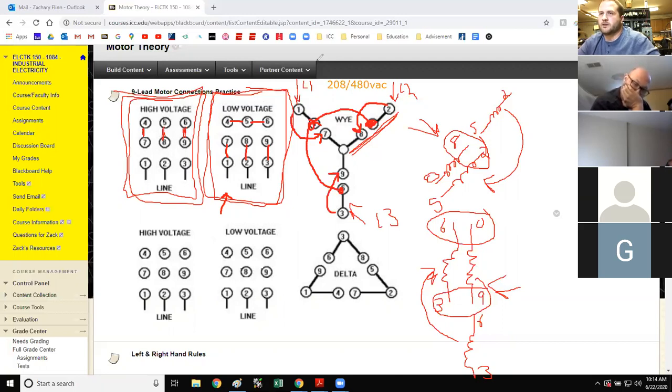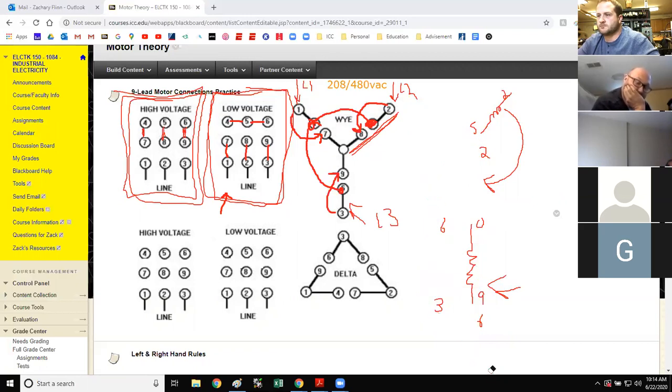Okay, now let's look at the deltas. It's the same exact principle. So high voltage, what are we doing to the windings? It's going to be in series. Series.